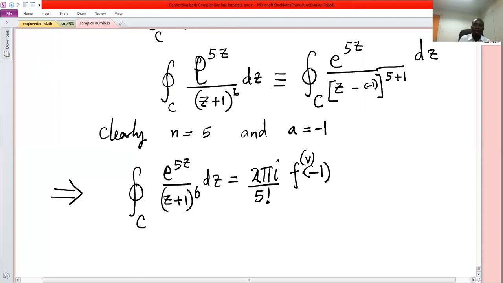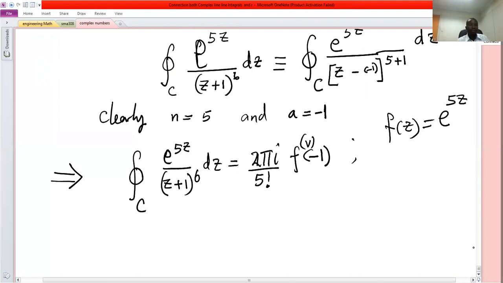So we need to calculate the fifth derivative of the function. Remember here, f of z is e raised to power 5z. And we know 5 factorial is 120. So 2 pi i over 120 is pi i over 60, times the fifth derivative of the function at -1.